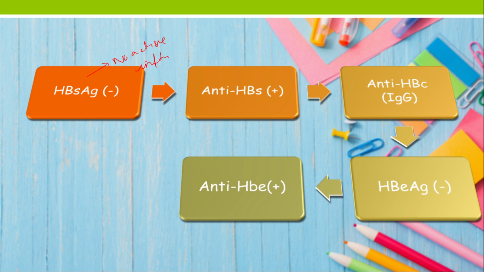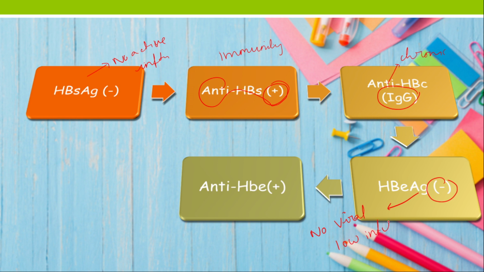Simple. Okay. Then antibody had formed. Yes, this positivity is showing that the antibody had formed. So immunity levels are going high. Okay. And this IgG is indicating clearly that there is some chronic infection, but this negative HBeAg is indicating that there is no viral replication, that is low infectivity is there.